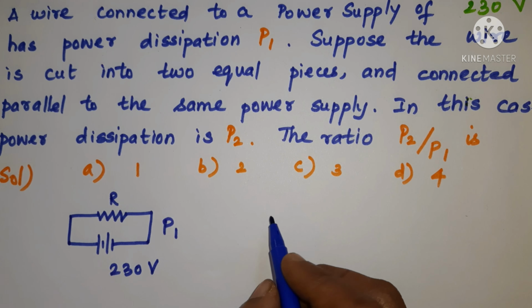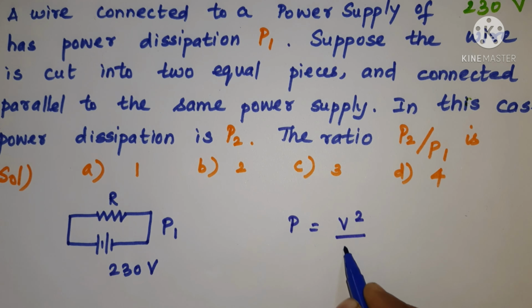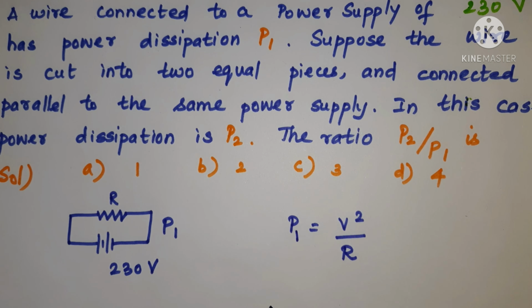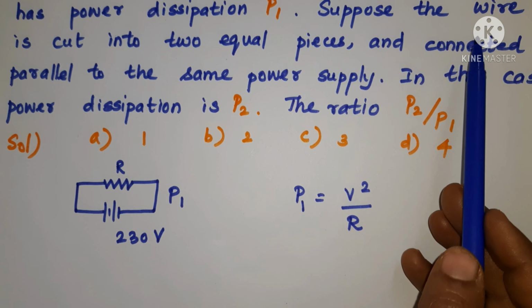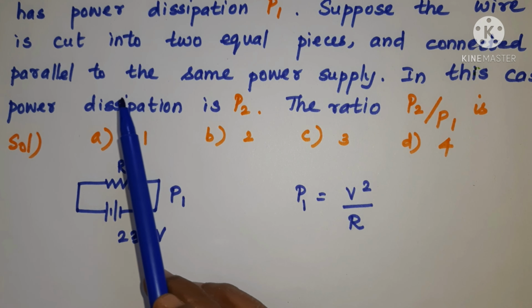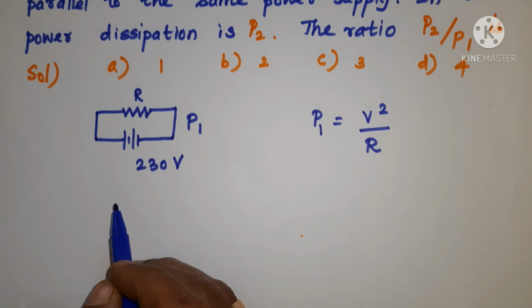We know the expression for power. It is P is equal to V square by R. Since we write here P1, let me write here to be P1. And also given in the question, suppose the wire is cut into two equal pieces and connected parallel to that power supply, the power dissipation is P2.